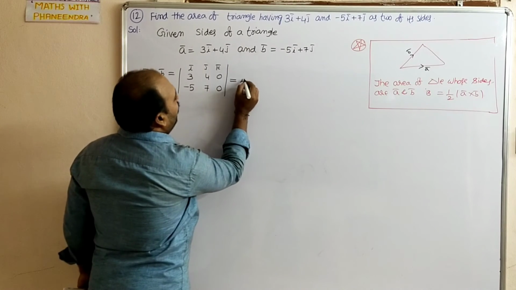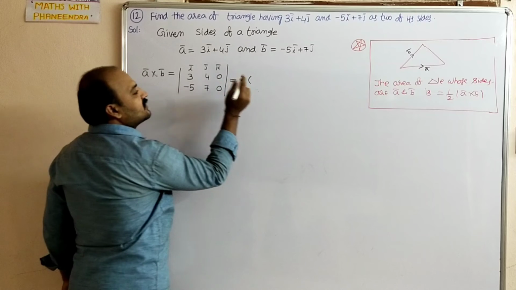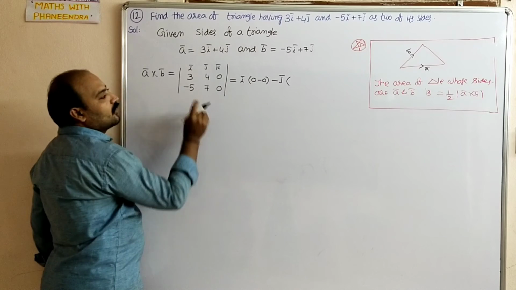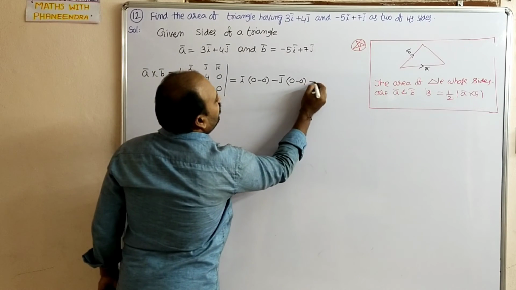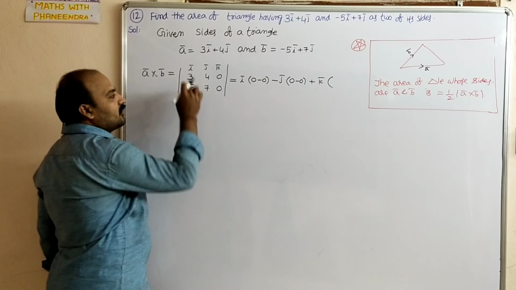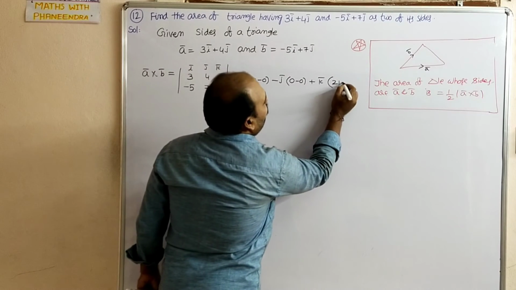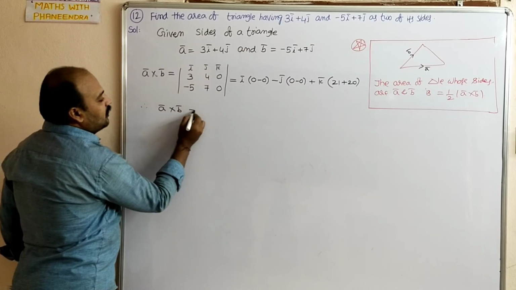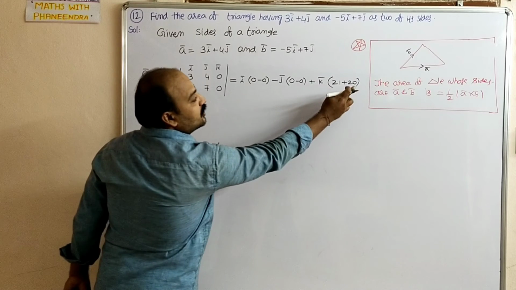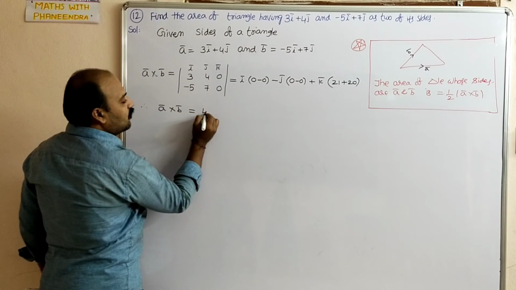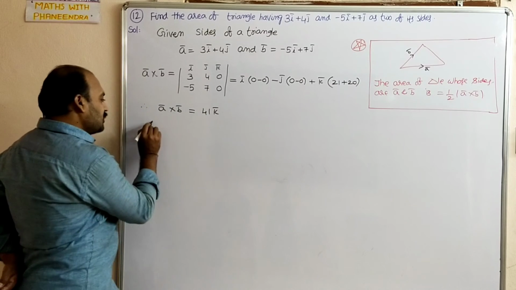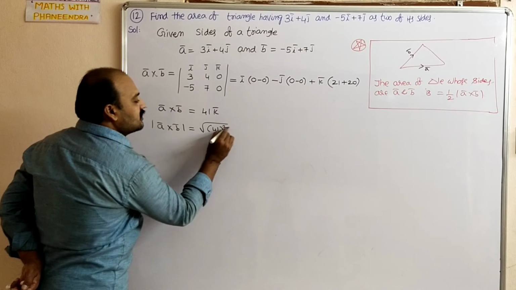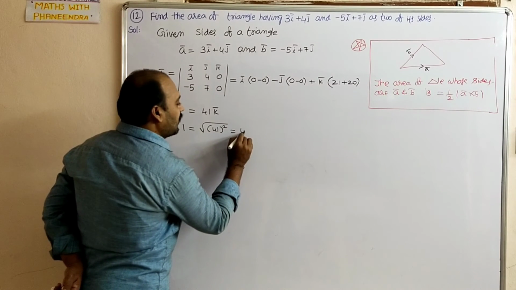So which is equal to i bar into 0 minus 0, so minus j bar into 0 minus 0, so plus k bar into 21 minus of minus 20. So therefore A bar cross B bar equal to this value 0, this value 0, only 20 plus 21 is 41k. So 41k bar. The magnitude of A bar cross B bar equal to square root of 41 square, which is equal to 41, as the square root will cancel.